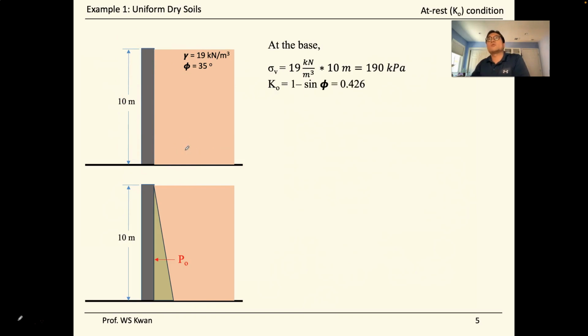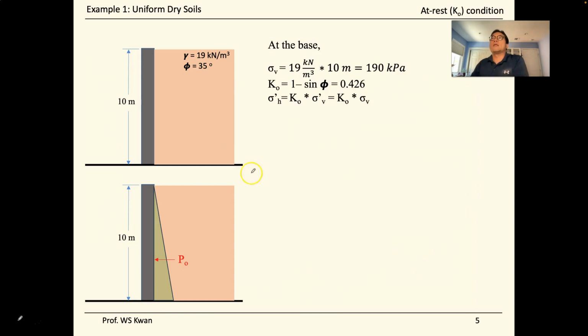So we get the vertical stress, and we know that K naught equals 1 minus sine phi, as we previously mentioned. And we assume this is a normally consolidated soil. For problems given to you, they will tell whether you have normally or overly consolidated soils or even give you the K naught values. Now we assume it is normally consolidated. Then we got a K naught of 0.426.